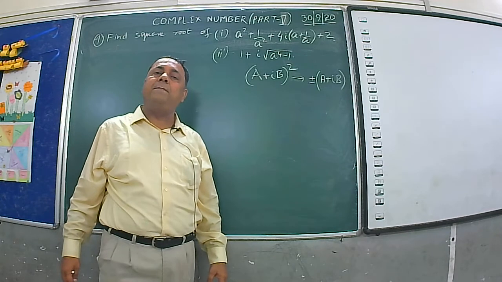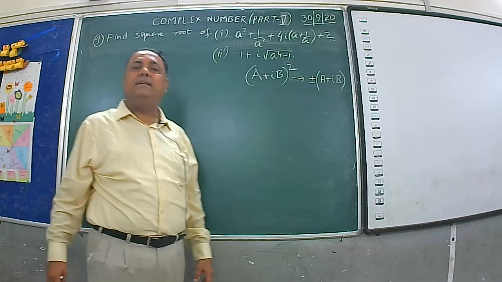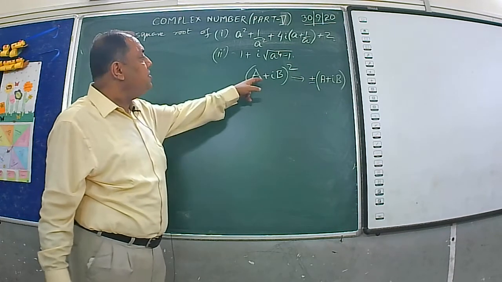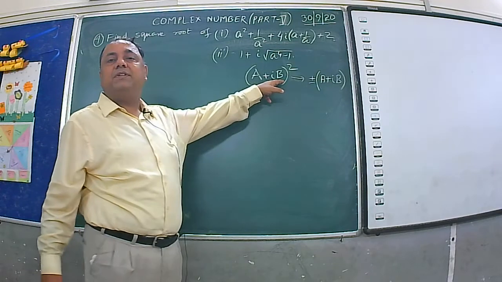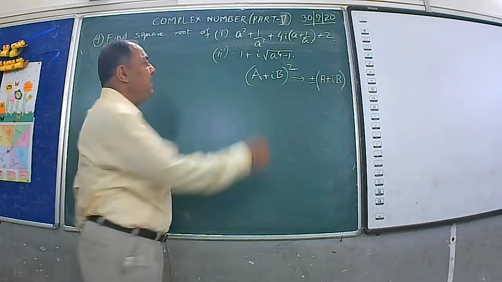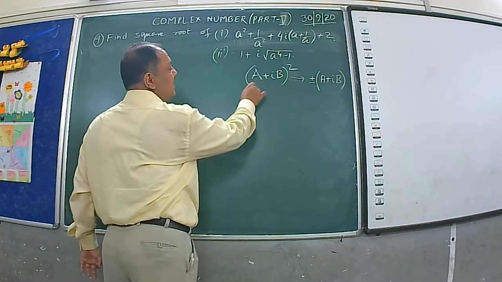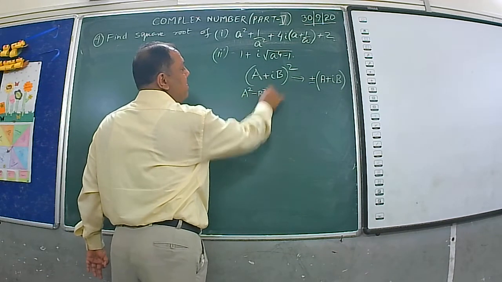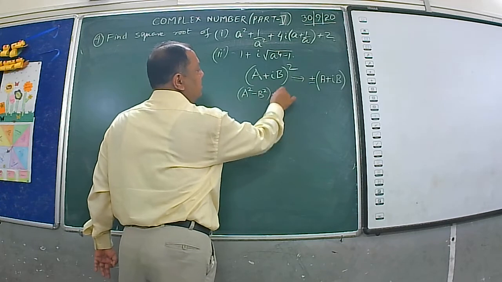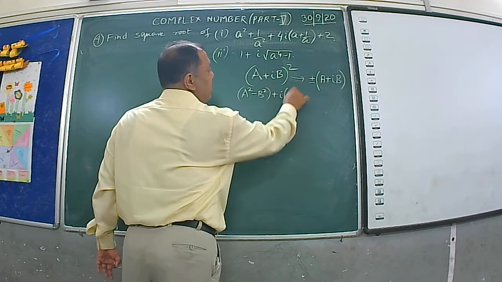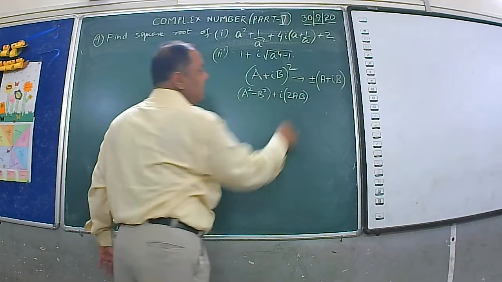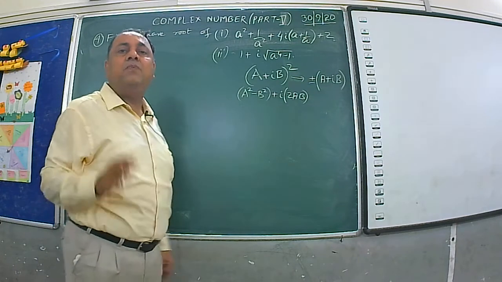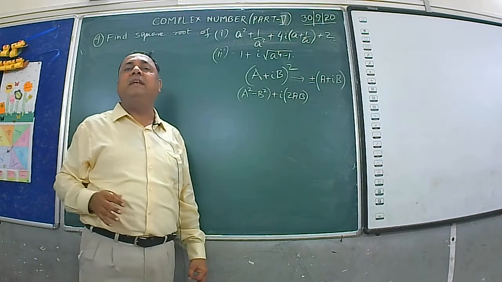To do that, in this particular expansion, there are three terms. One is a square. This is the basic of what exactly we need to do.